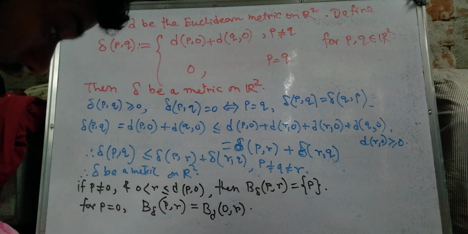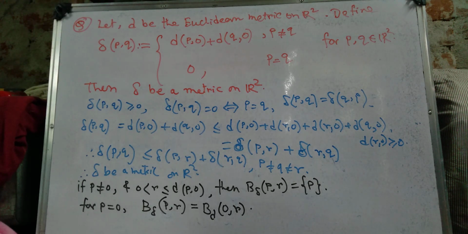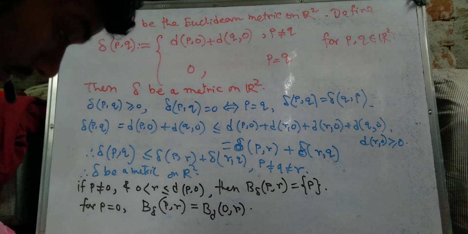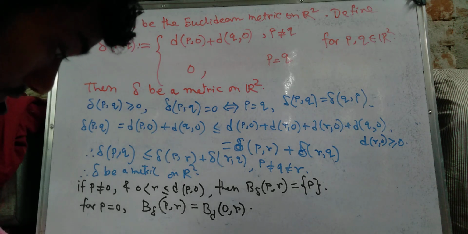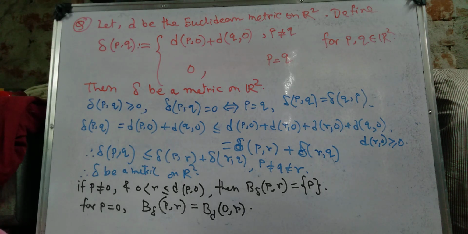That means B_delta(p,r) equals singleton {p} when 0 less than r less than or equal to d(p,0). And next we see that for p equal to 0, B_delta(0,r) equals B_d(0,r).